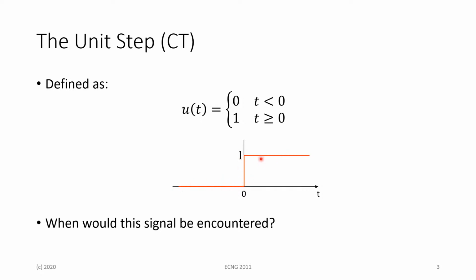Basically, it's just where we have 0 from everything before time equals 0, and for everything after time equals 0 and at time equals 0, it's going to be 1. This signal is encountered particularly when you just basically switch on the circuit, or if you switch on anything. It's basically just an instantaneous value from 0 to some immediate value.